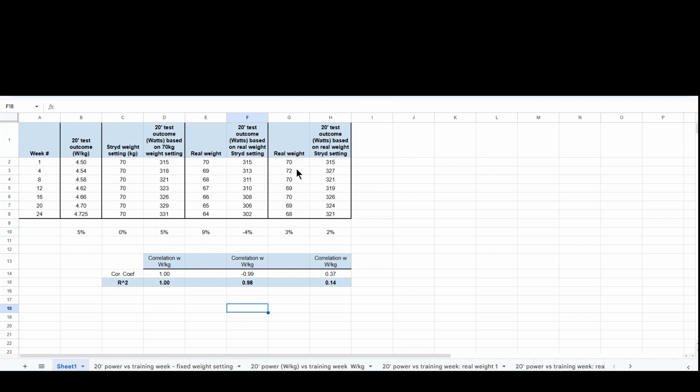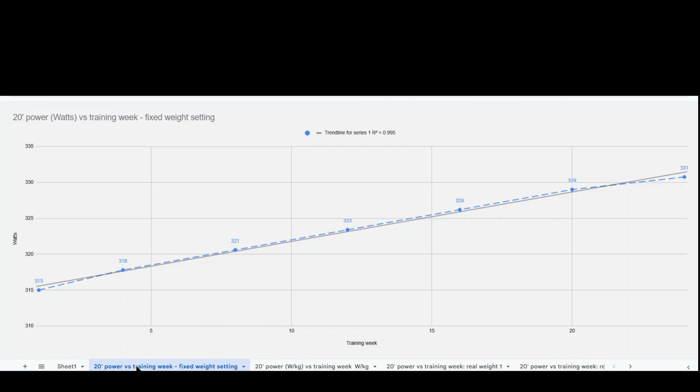Again, it's a multiplier times the same. The athlete had the same progression in 20-minute test outcome, but we're changing the multiplier, and these are the resultant weights. So let's take a look. This is what it looks like with fixed weight setting. It is a progression.